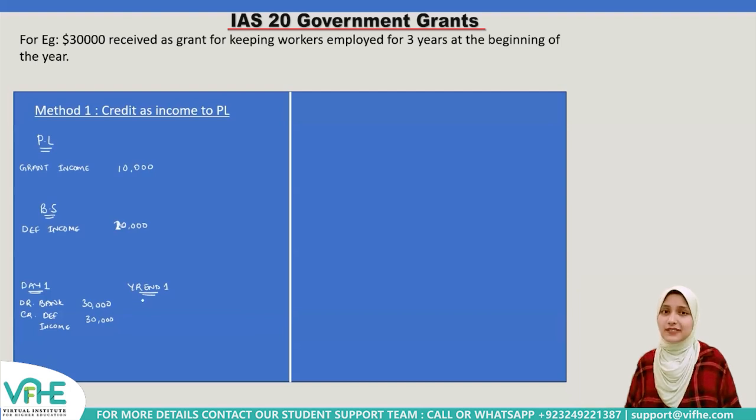So I deserve 10,000. So what I can do is I'll reverse the liability that I had created of 30,000 up to the extent of 10,000. So debit deferred income about 10,000 and credit, because now I deserve 10,000, grant income I'll credit. That's the income that I'll show.